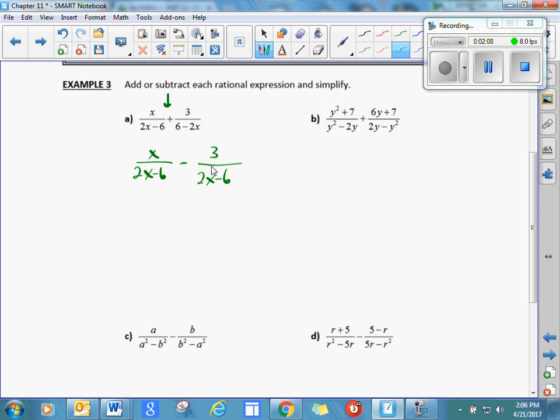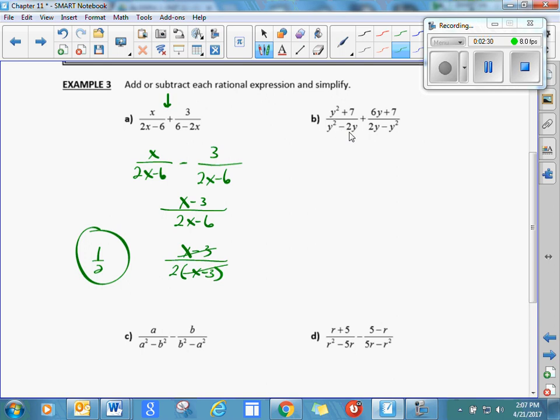This is what the change looks like. Now we do what we did on the pages before. Common denominator, x minus 3, factor. We can factor out a 2, the x minus 3's will cancel, and your answer is 1/2.